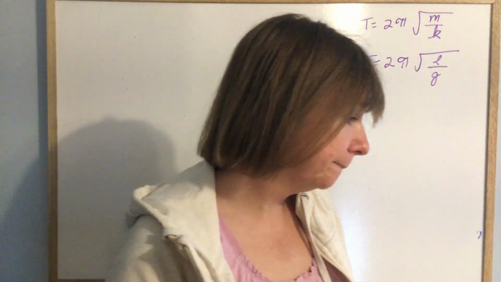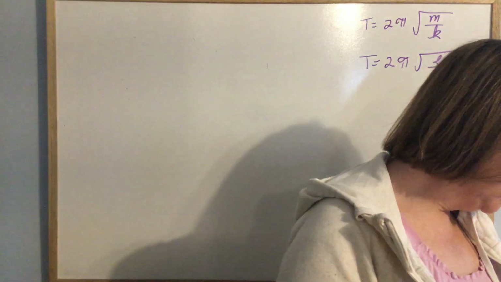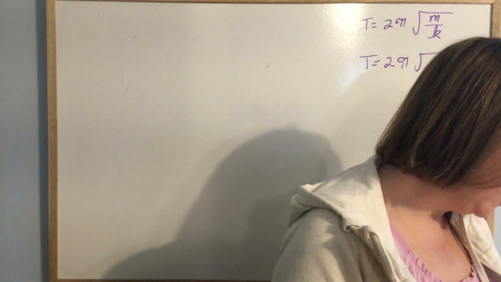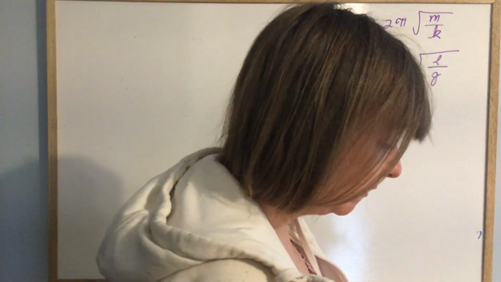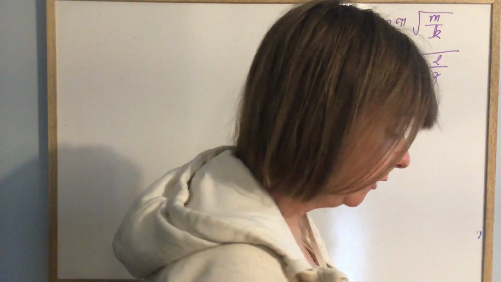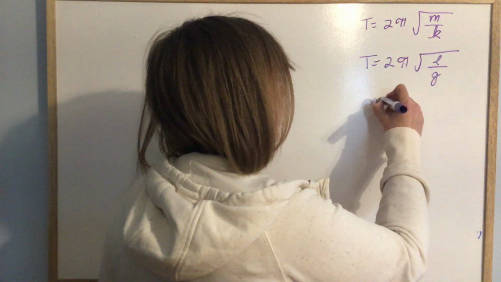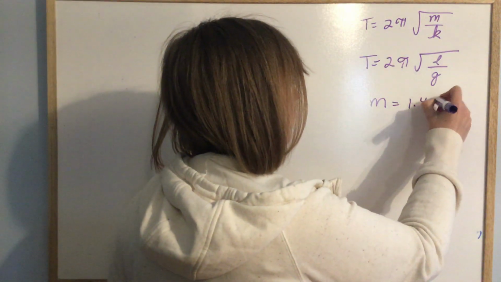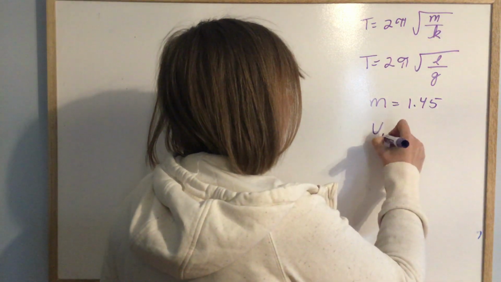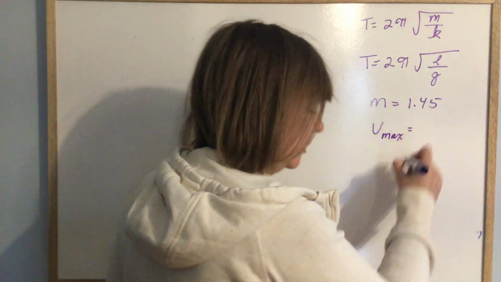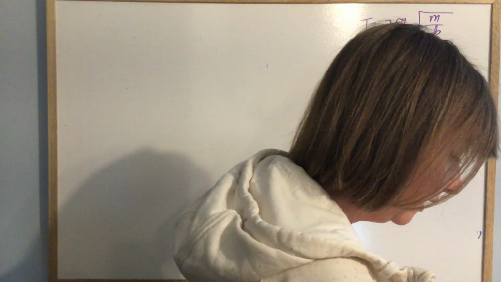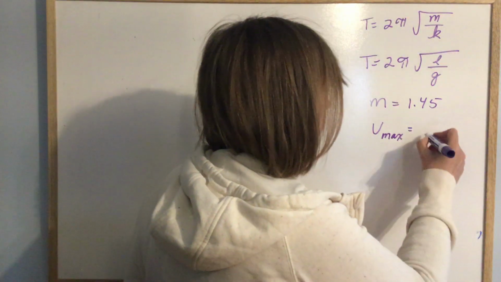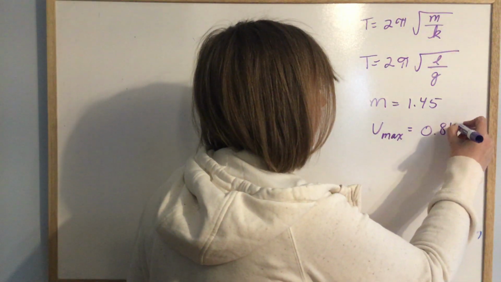Okay. So number 4 on page 608: the maximum speed of a 1.45 kilogram block, so mass is 1.45 kilogram. The maximum velocity is 0.84 meters per second.